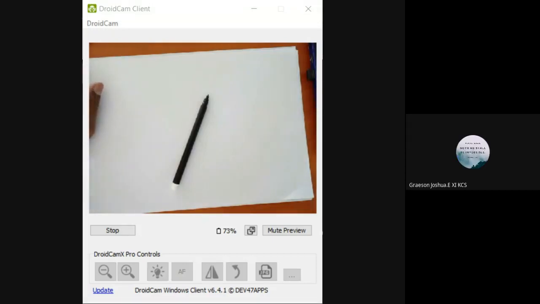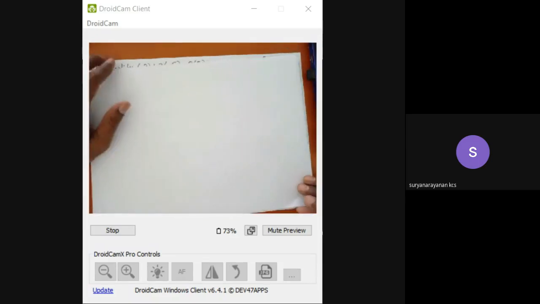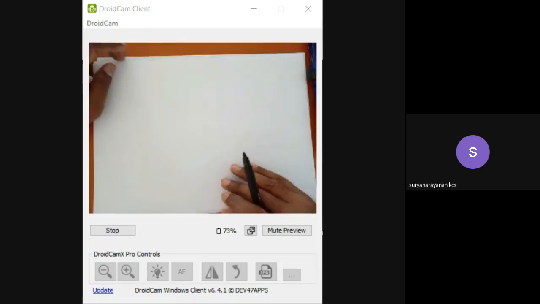Yes, sir. In the textbook, page number 9, the definition of one function was given clearly. Read those 3 lines. Memorize the definition of one function.